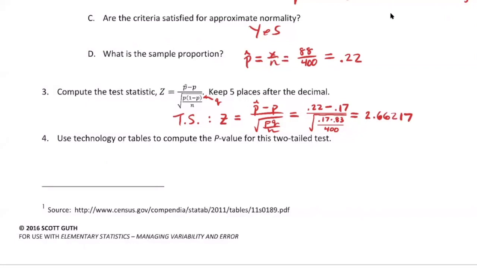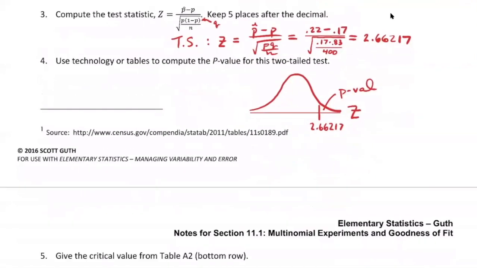Okay, and I think I'll draw a little picture of this. We're going to, again, be pretty precise when we get our p-value. Okay, so z distribution. Let's lock down our 2.66217. And I think I'm going to boot up my p-value calculator real quick.